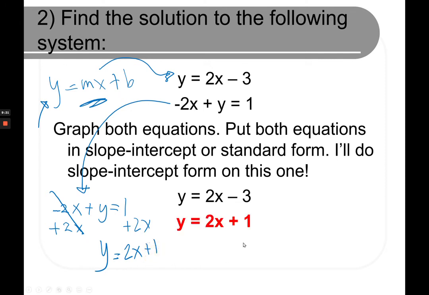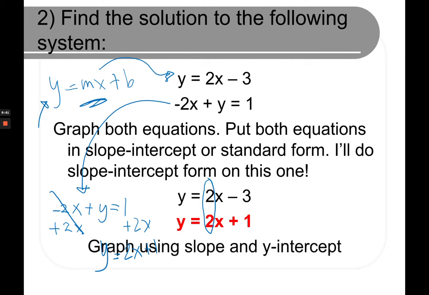They are now both in slope-intercept form. But you need to notice that they have the same slope. Lines with the same slope are actually parallel.